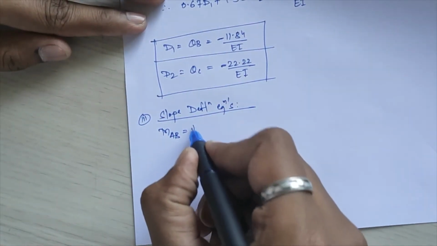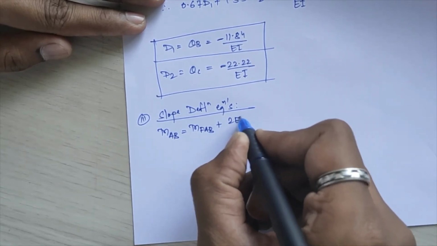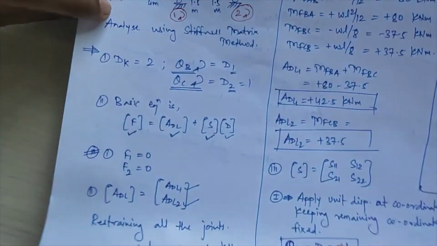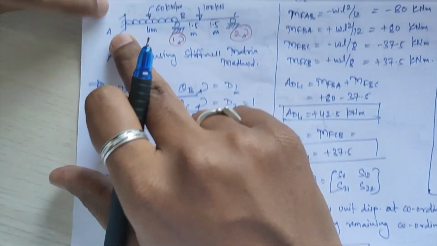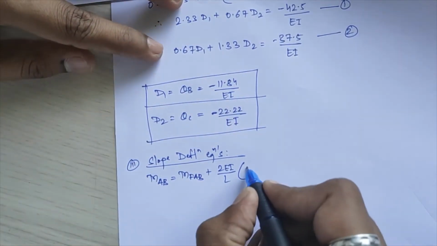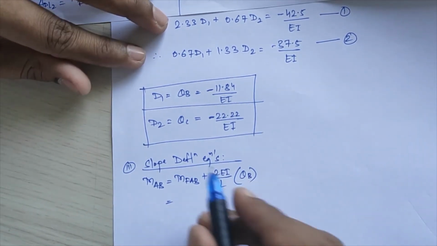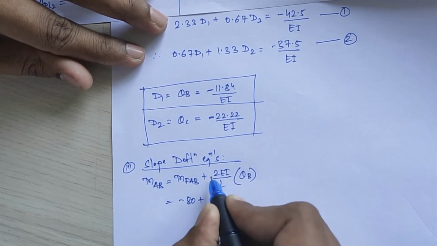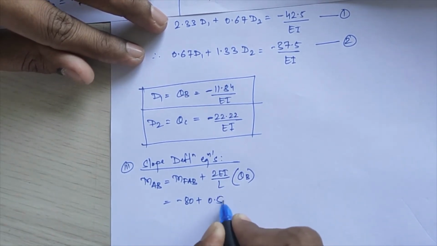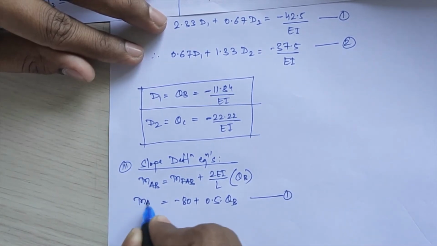We take always your MFAB value first, plus 2EI upon L into bracket near end rotation, but near end rotation theta A will be 0, so that will become 0. What will remain? Just theta B. So if you solve this, MFAB I have got as minus 80 plus 2EI upon L. L here is given to you as 4, so 2 by 4, that will become equal to 0.5 of theta B, as my equation number 1.